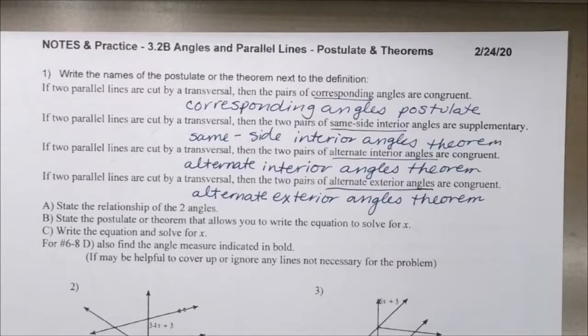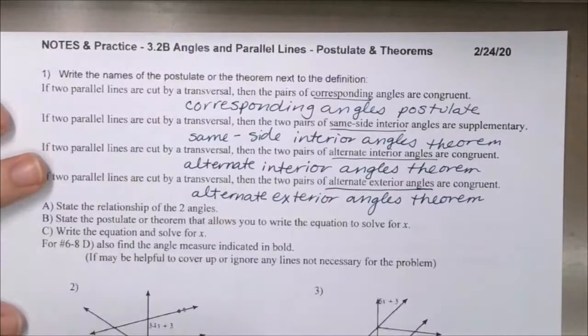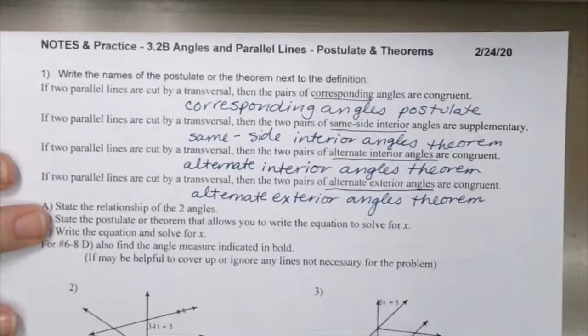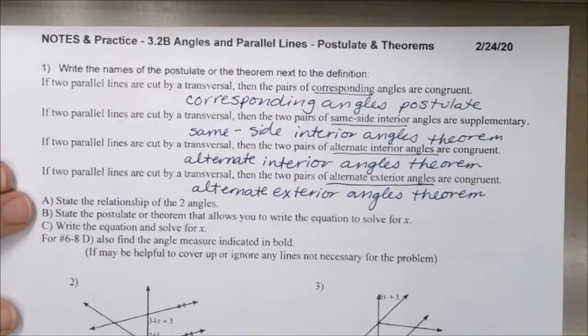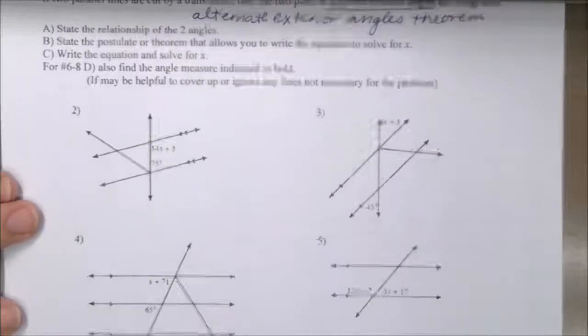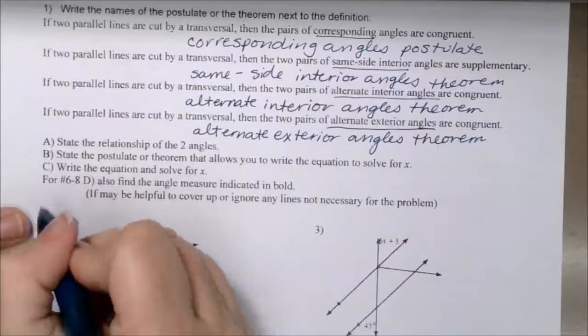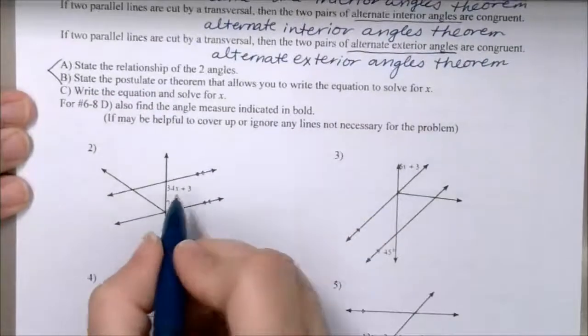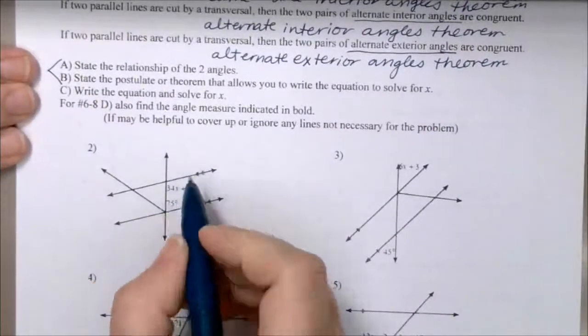So what I'm going to do is look at the two angles they've given me, this angle right here and this angle right here. How are those two angles related? Same side. So my answer to parts A and B is same side interior. And what are same side interior angles? Are they congruent?